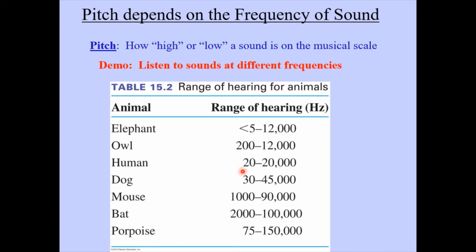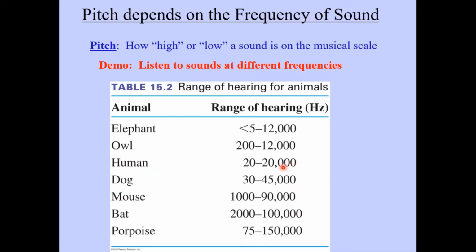Our hearing goes from typically about 20 hertz to about 20,000 hertz for a young, healthy person. As you get older, we start to lose the upper part of the spectrum of sound. As I mentioned during the demonstration that we just heard, I can only hear sounds up to about 10,000 hertz because I'm a little bit older than you guys.